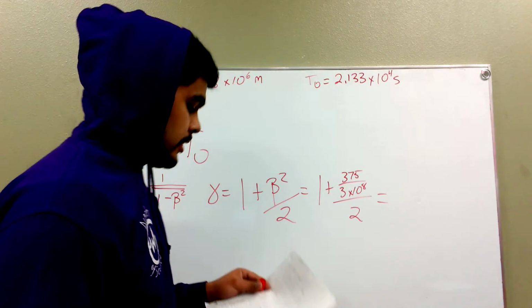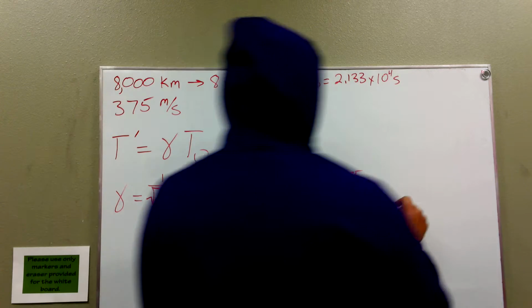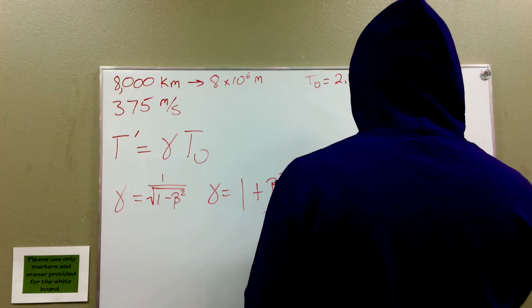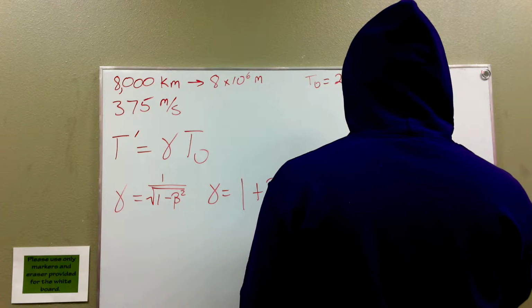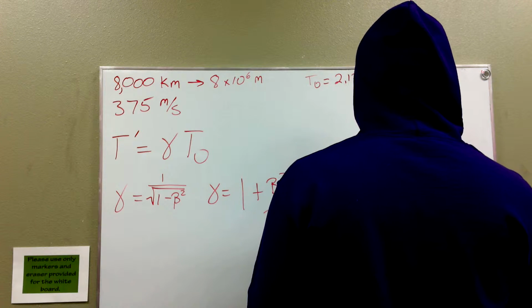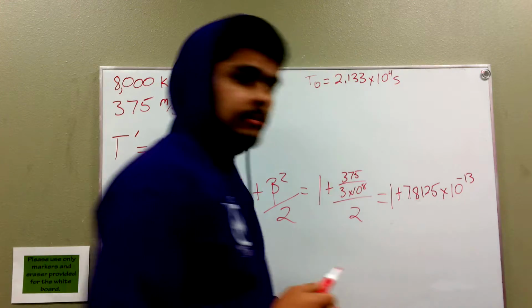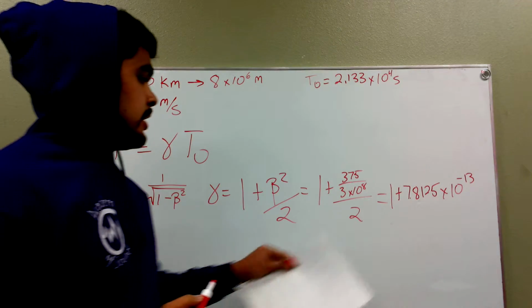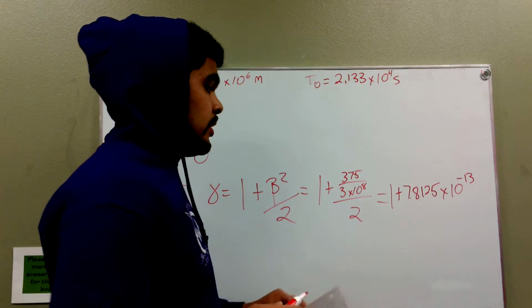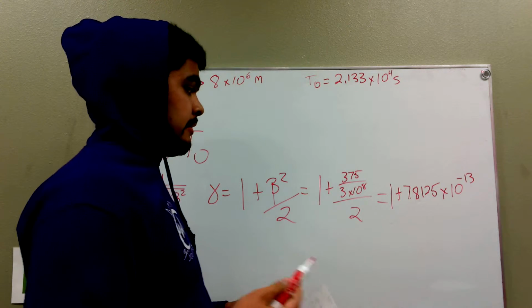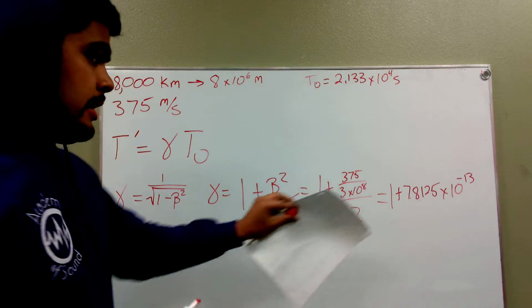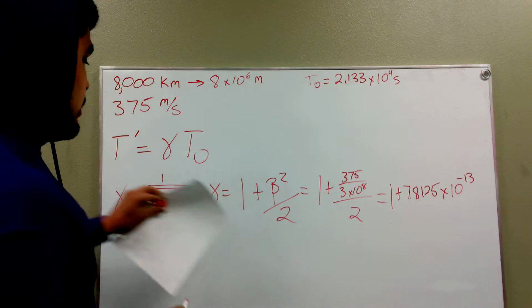And when you work out that guy, you end up getting 1 plus 7.8125 times 10 to the minus 13. Hopefully you can still see that, yeah. So that value is now gamma.